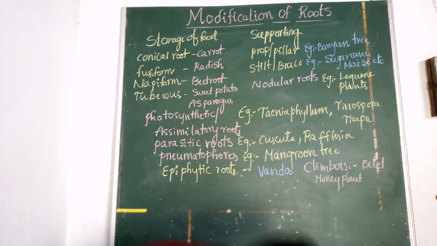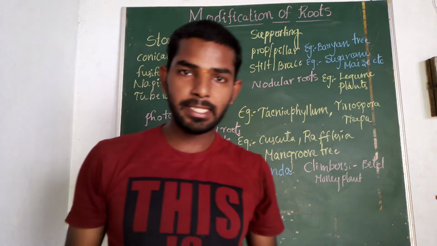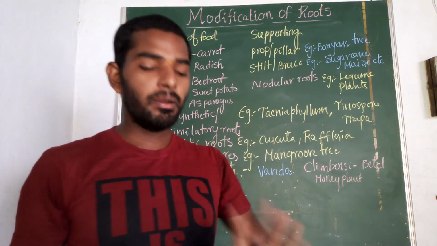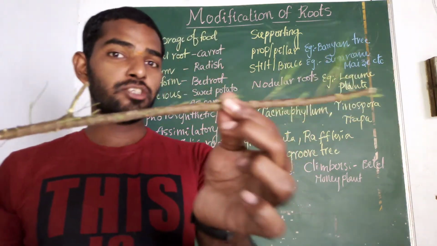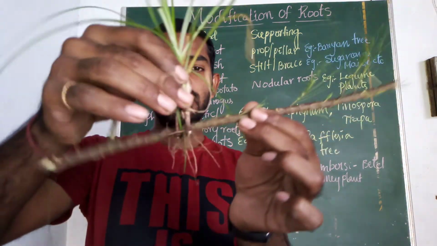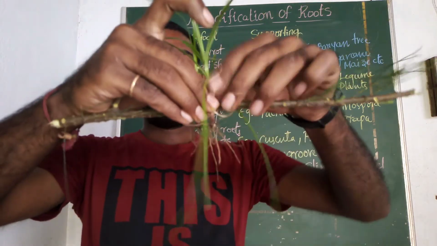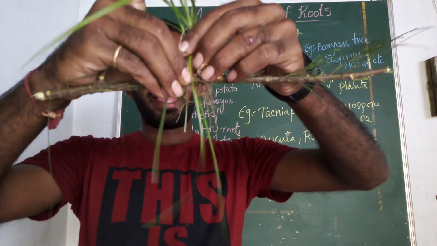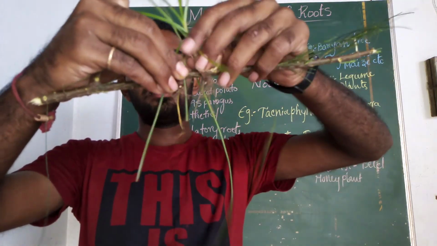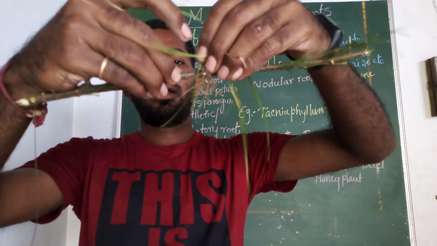And the next one is epiphytic plants. Mostly you will see them in the evergreen forest. For your understanding, I am showing an example. If you see a branch of a big plant in the evergreen forest, you can see small plants, epiphytic plants, present on the big plants.